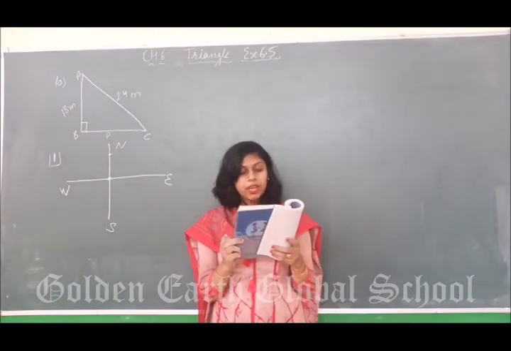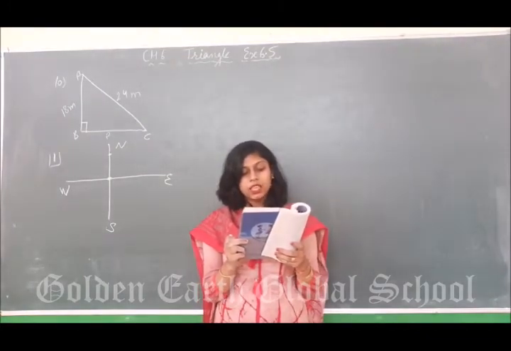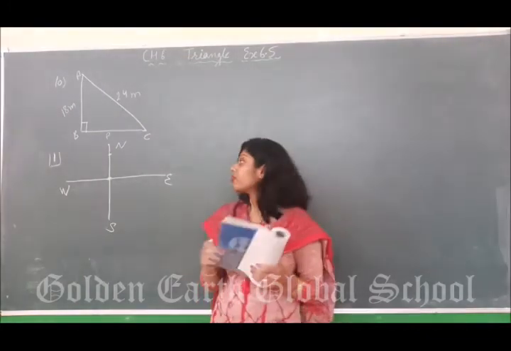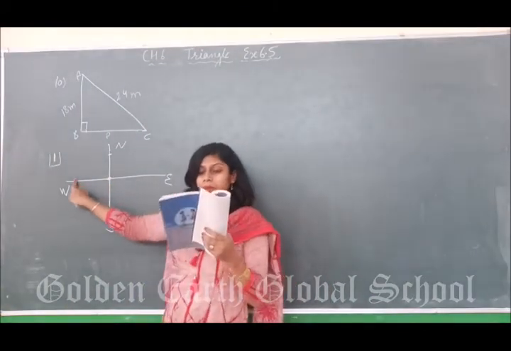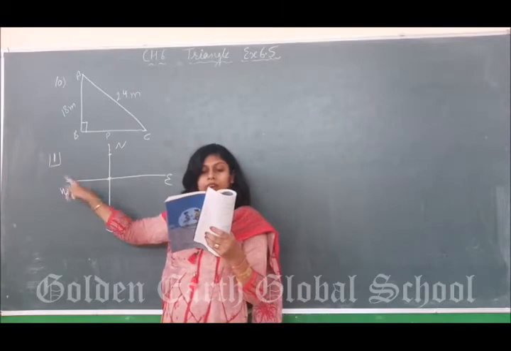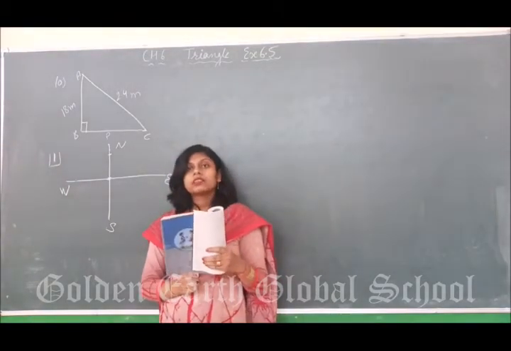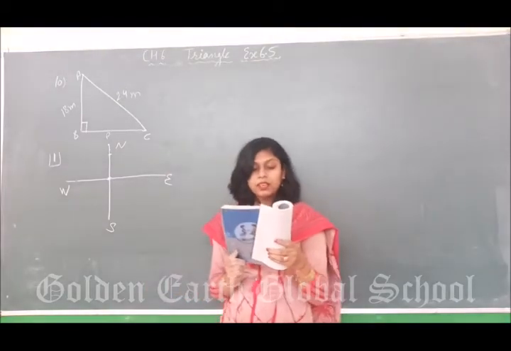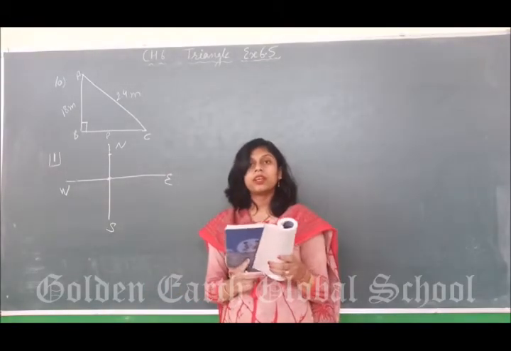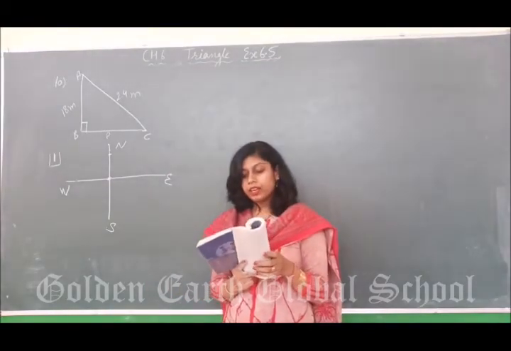At the same time, another plane leaves the same airport and flies due west. Then it moves to west direction, another plane at the speed of 1200 km per hour. So another plane B, we let B plane covers 1200 km in 1 hour.